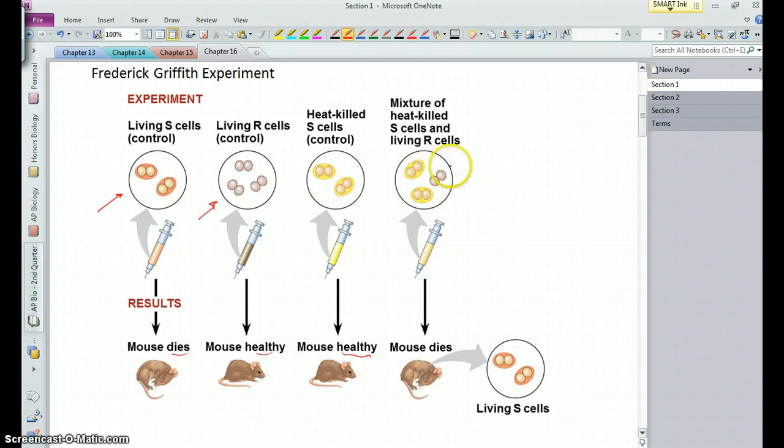But if we mix the healthy non-pathogenic with the killed pathogenic type, we let them coexist for a little while, and then we inject them into the mice, the mice die. And then if you extract fluids from the mouse, you indeed find the living pathogenic strain. Essentially, Griffith had discovered what we call transformation, or bacterial transformation.